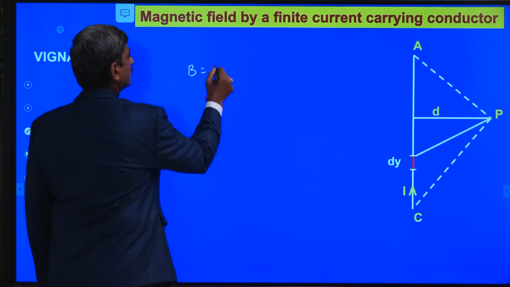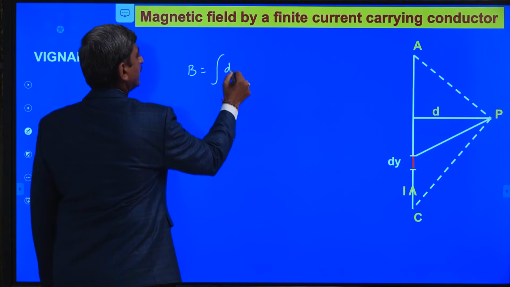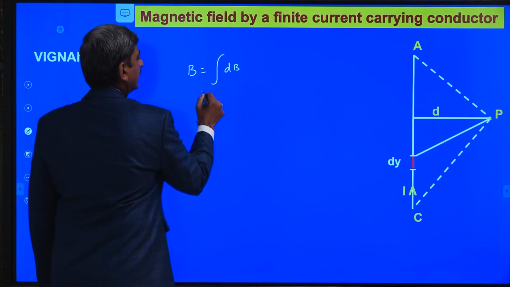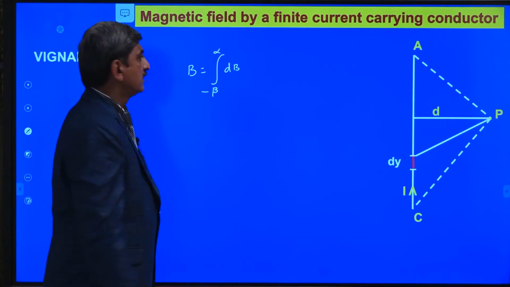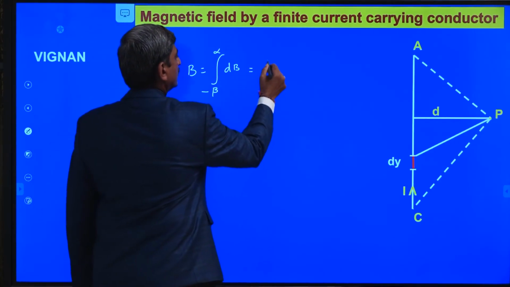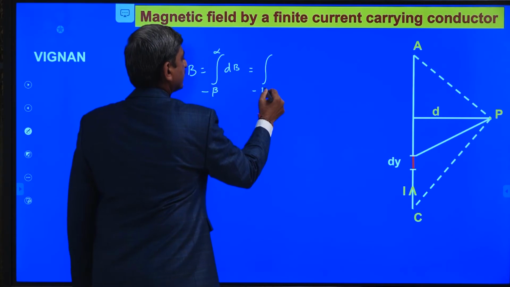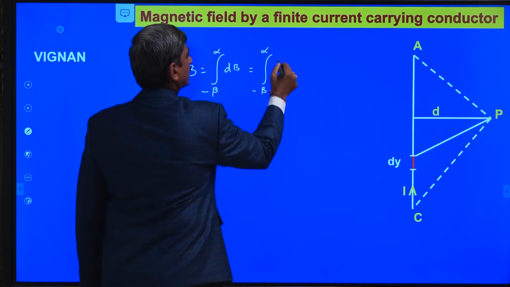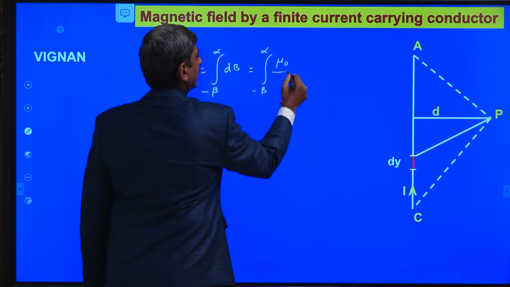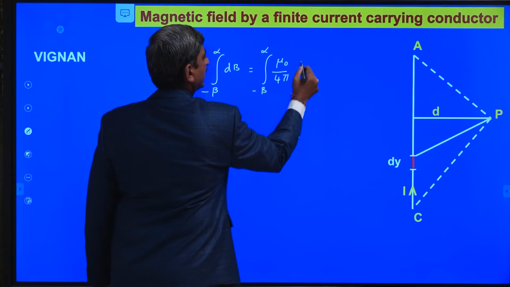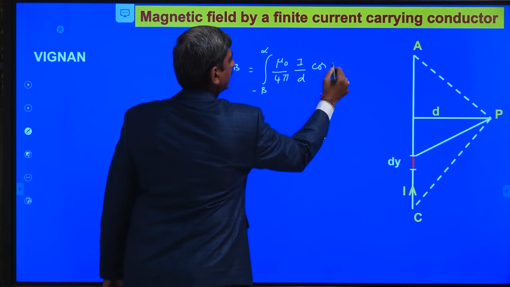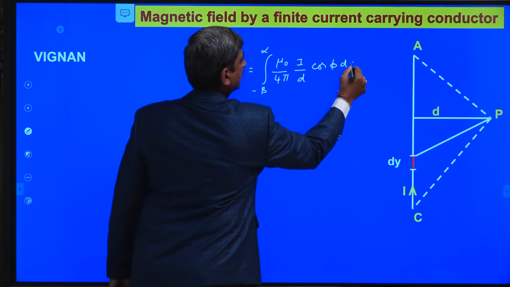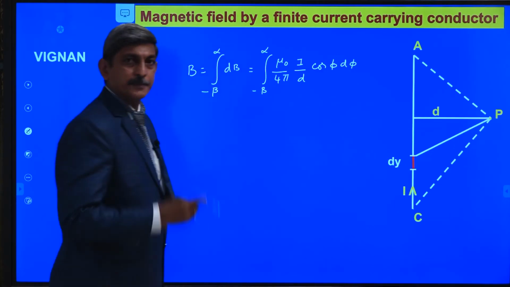B is equal to integral dB between the limits minus beta and alpha. So this is equal to integral from minus beta to alpha of mu naught by 4 pi I by d cos phi d phi.